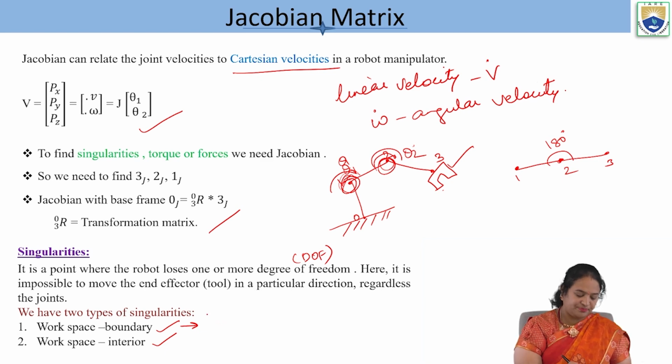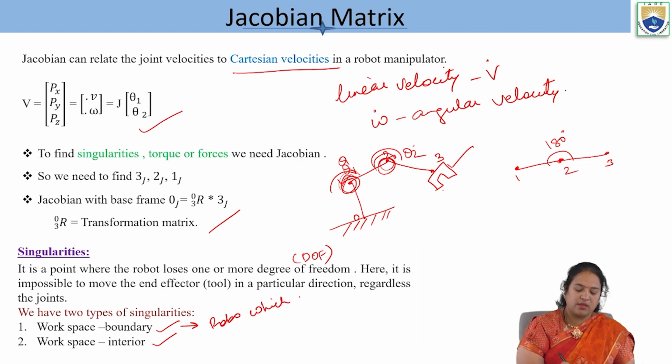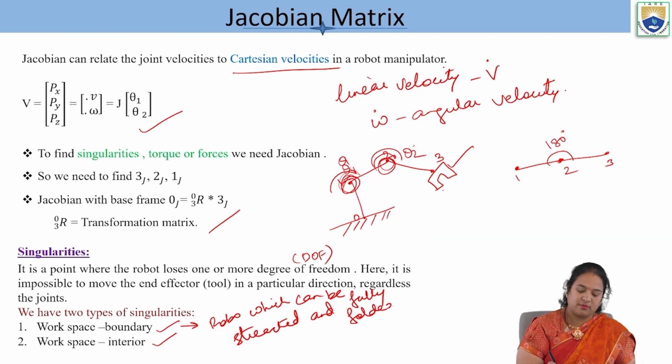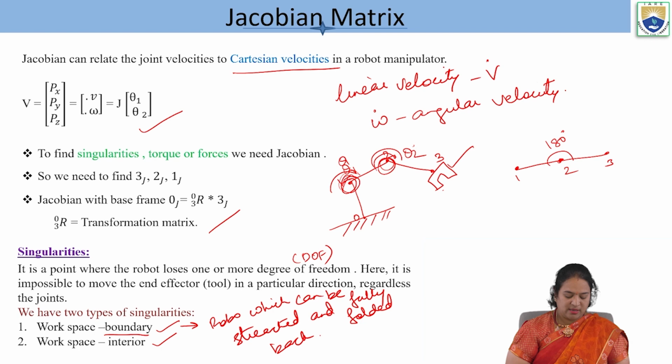That is, the robot which can be fully stretched and folded back, where the end effector is placed at its boundary, is known as the workspace boundary.